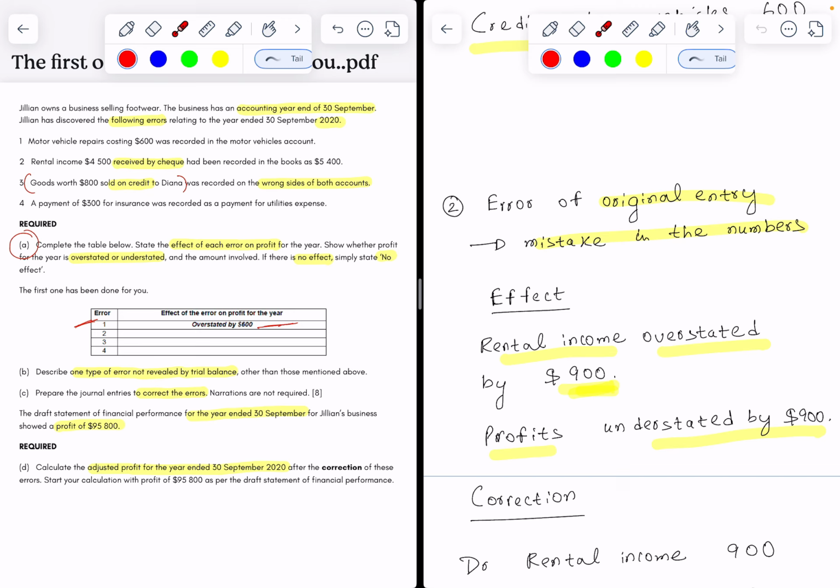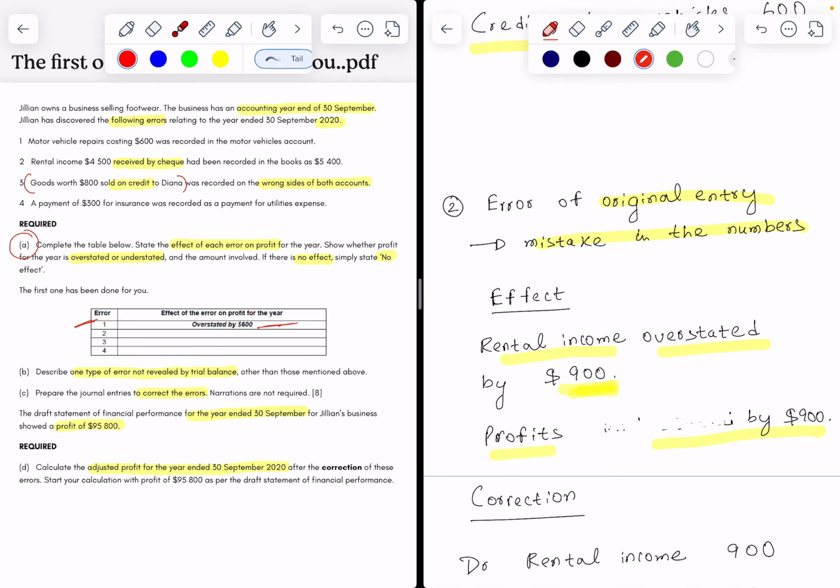So the effect is such that the income that we have recorded in an excess of 900 means that the overstatement has happened in the income account. And when the rental income account is overstated, my profits would be overstated as well. All right, so forgive me for the mistake which I've done here.